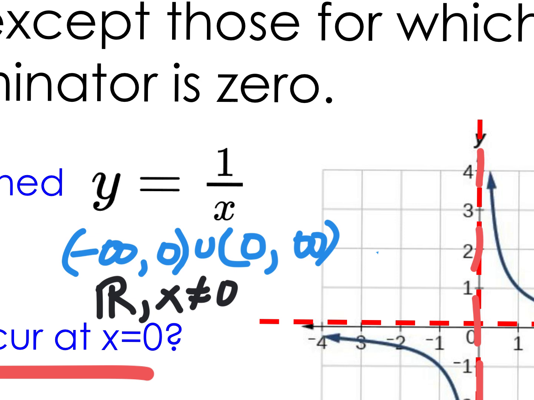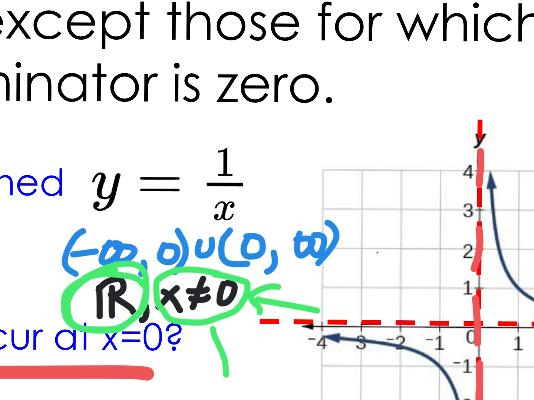But it's really common for kids to only write this. If you only write that, I have to mark it wrong. Because you don't really understand domain then. Domain is what you can feed the function. And if all you tell me is this, you're telling me what you can't feed it. What you can feed it is everything except 0.